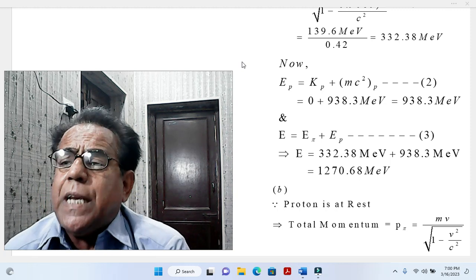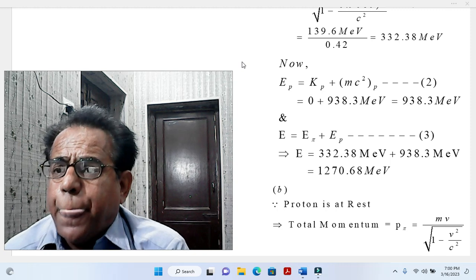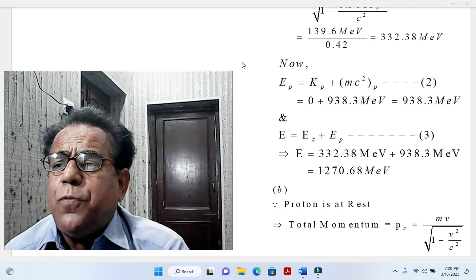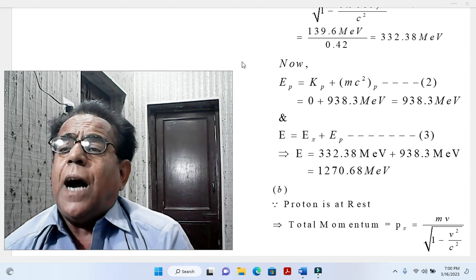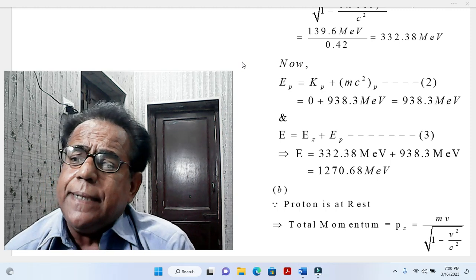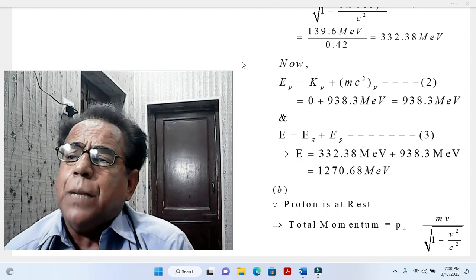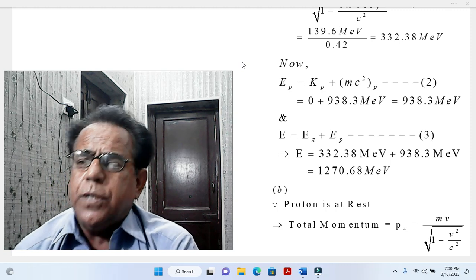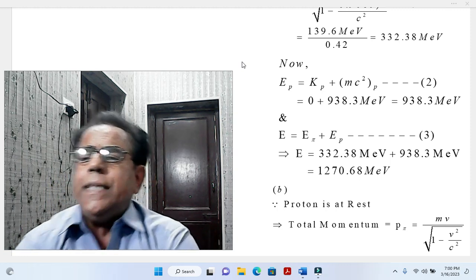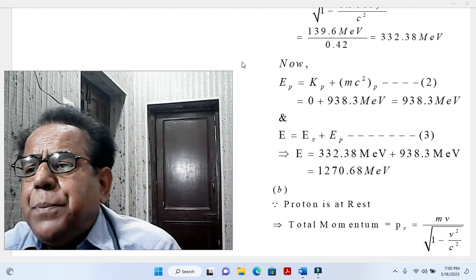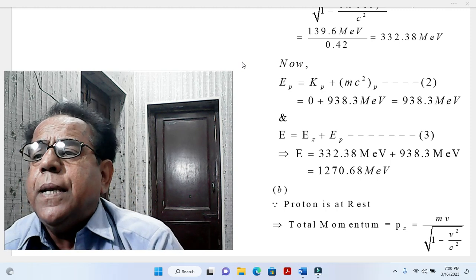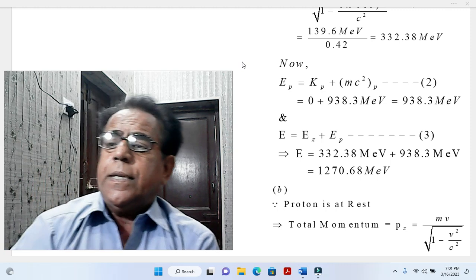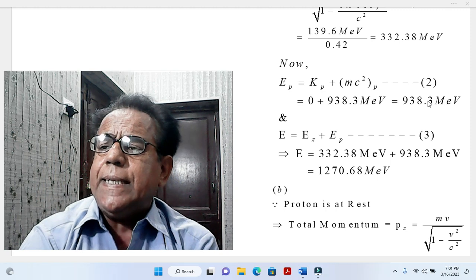So in place of Kp we will take 0, while the value of mc² of the proton, that is the rest energy of the proton, is also given in the statement, and it is also given in the tool, that is the table. So we can take this value from either of these two sources. In this way Ep has become equal to 938.3 million electron volt, the same value which is given in the table.